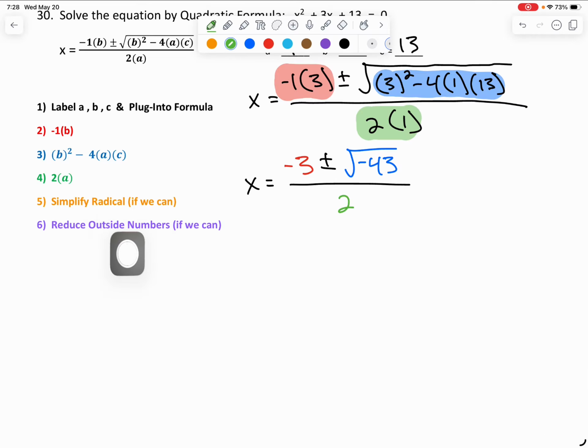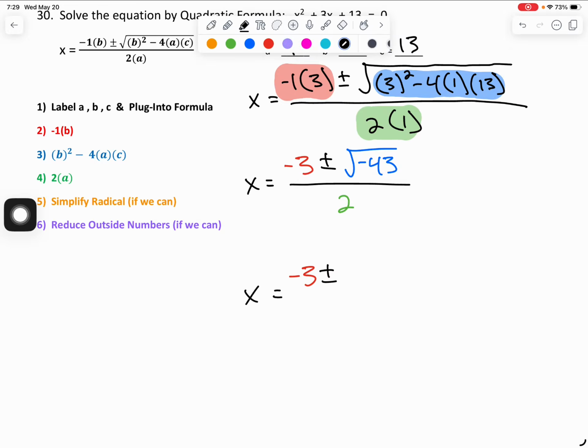Simplify the radical if we can. So we have x equals, I'm going to bring down that negative 3. Bring down our plus minus. We're going to take a look and analyze our radical here. What do we notice about the number inside of it? Great job, it is negative, so we're at least going to have an i. 43, we will not have a perfect square that goes into it.